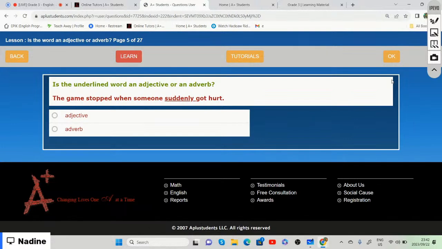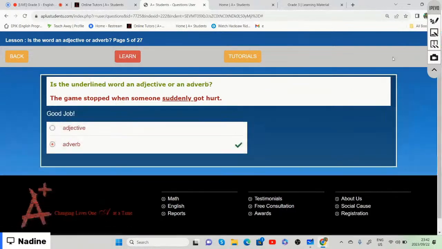Suddenly stopped. If we choose adjective or adverb, we can say suddenly is an adverb because it shows how he got hurt.